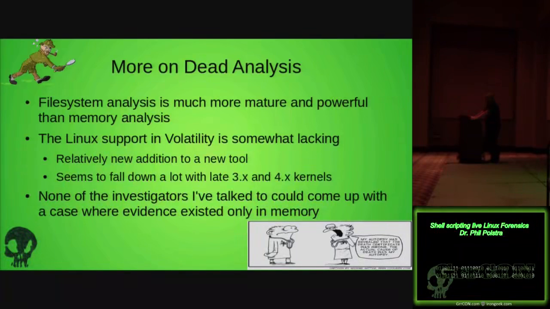Also, I have not found anyone that could point me to a single incident where something they discovered from a memory dump wasn't also discoverable somewhere else. So again, sometimes you might hear people just debating, can I even use things from volatility as part of my case?